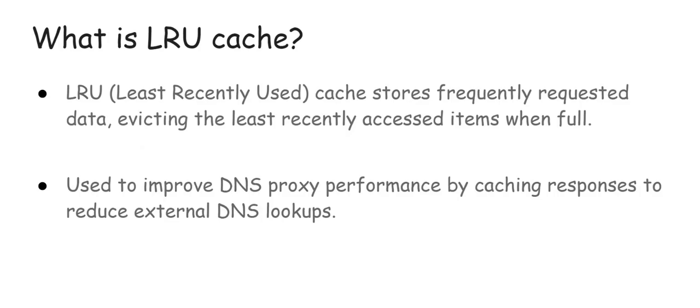LRU means least recently used. We generally implement the LRU using a hash table and a doubly linked list. In the doubly linked list, the most recently used node or key we keep at the head of the doubly linked list, and the least recently used, which we used a very long time ago, we keep at the end of the doubly linked list.